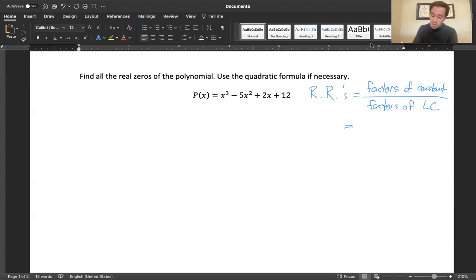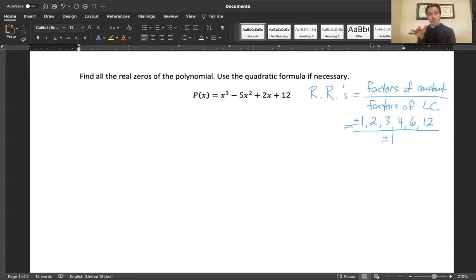So factors of the constant will be 1, 2, 3, 4, 6, and 12 itself. I'm going to just abbreviate the fact that all of those are plus or minus by putting a single one of those out in front, and then divide by either positive or negative 1.